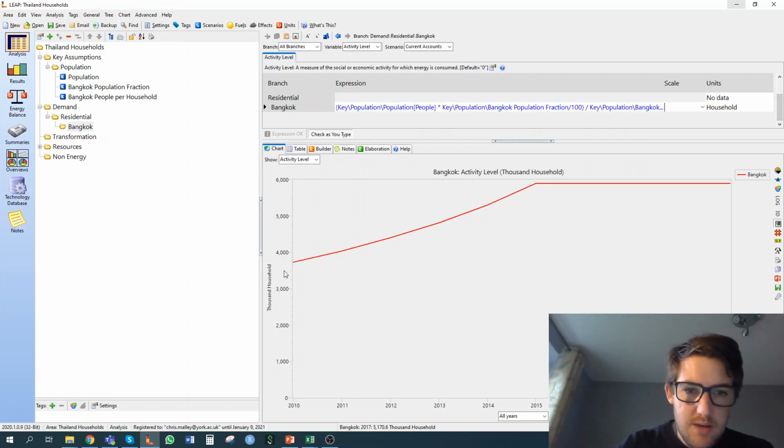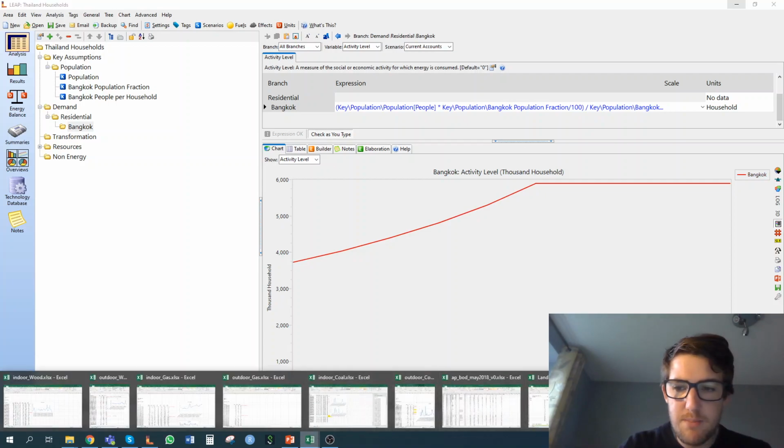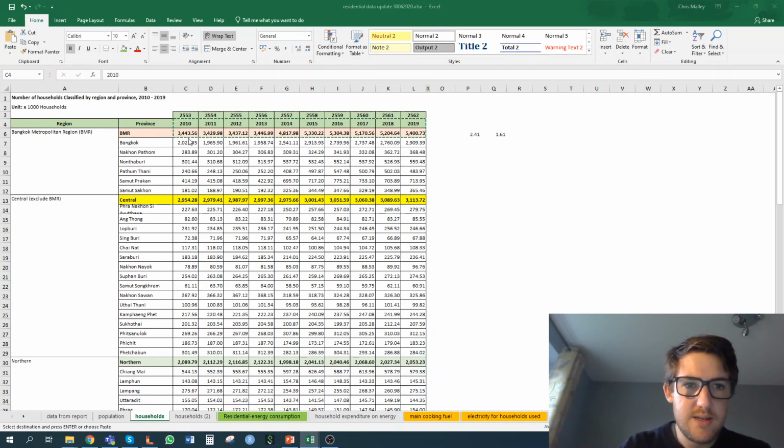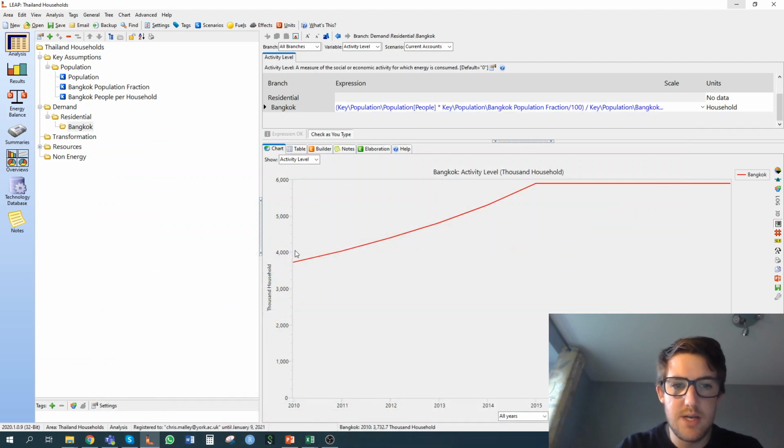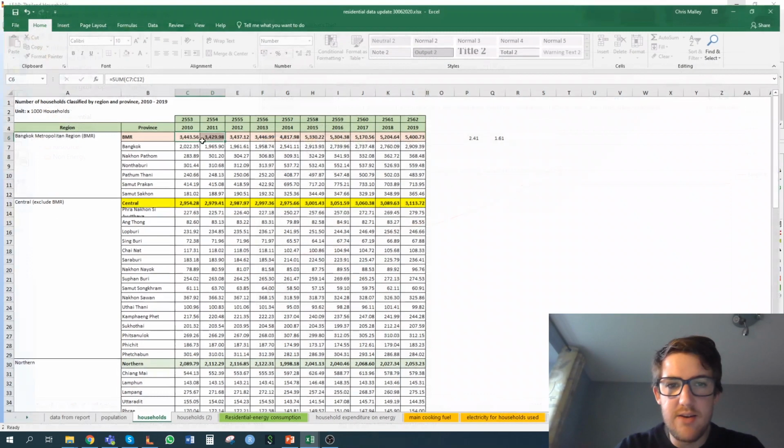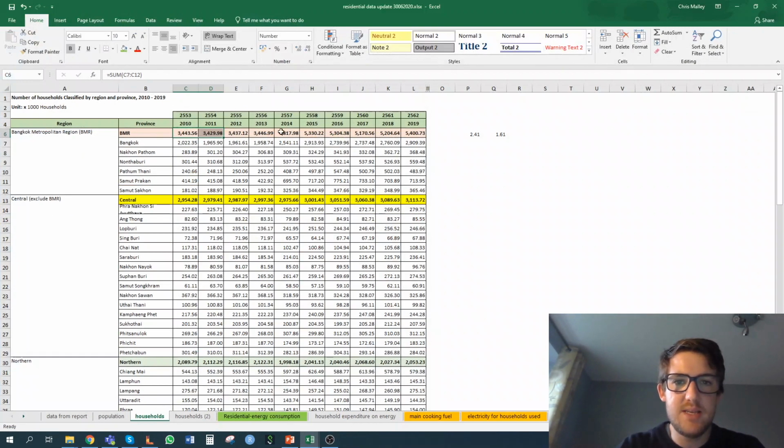And this gives me about 3,700 households in Bangkok in 2010, which is approximately what we have here. It's not exactly the same because we haven't had the data for every year in this data set, so it's not completely consistent.